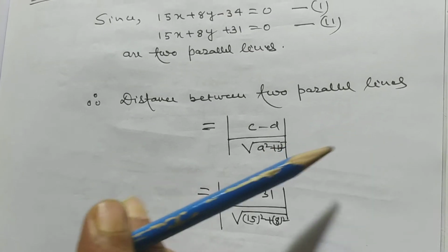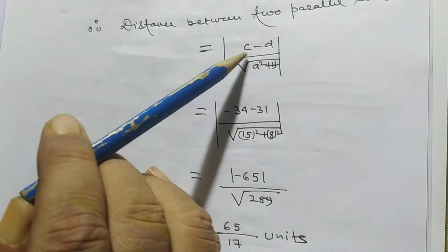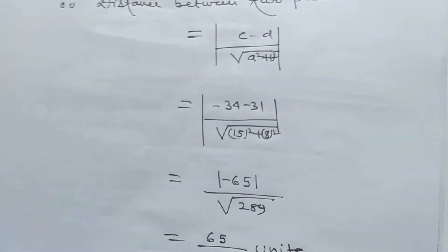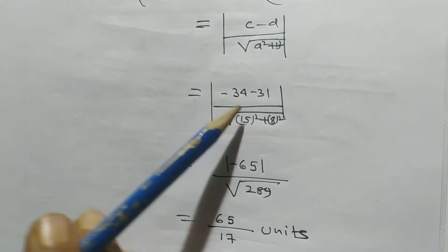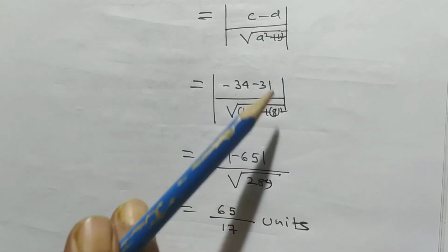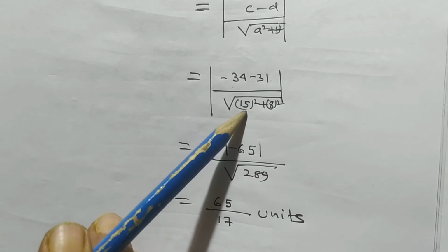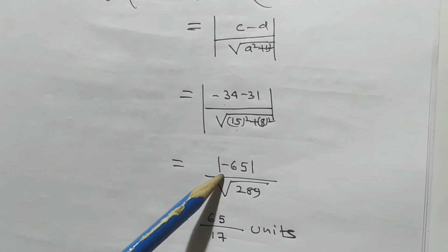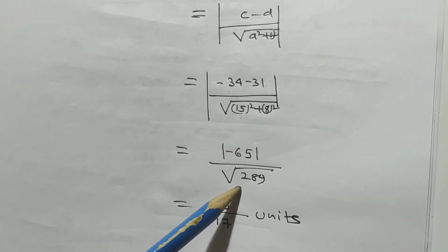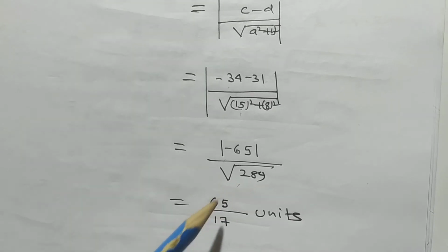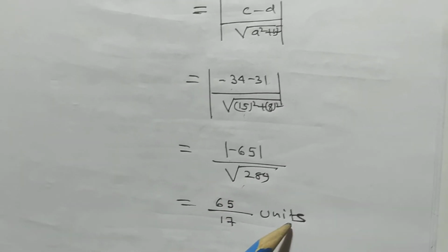The distance between two parallel lines is mod of c minus d divided by root over a square plus b square. That is mod of minus 34 minus 31 divided by root of 15 square plus 8 square. Mod minus 65 divided by square root of 289, that is 65 by 17 units.